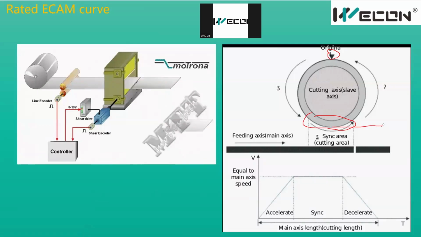This is the line speed of the cutter. This speed will be the same as the feeding axis. So at this point, when we cut the materials, the cutter will not damage the material.